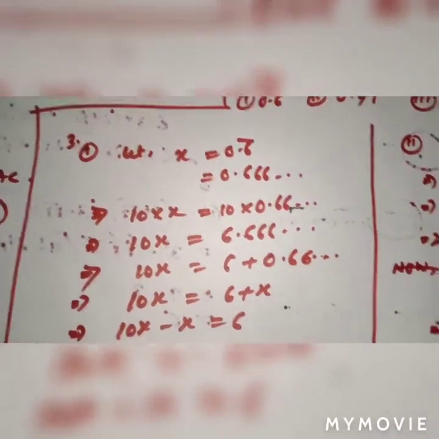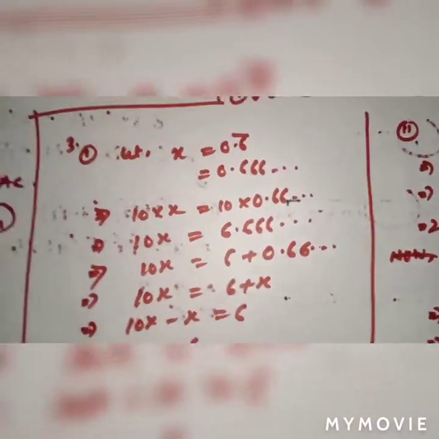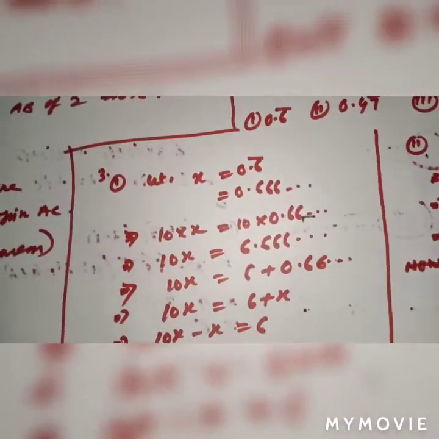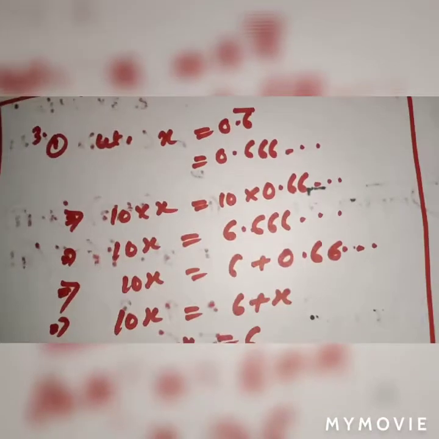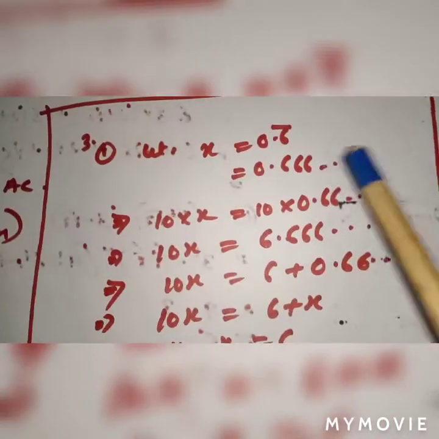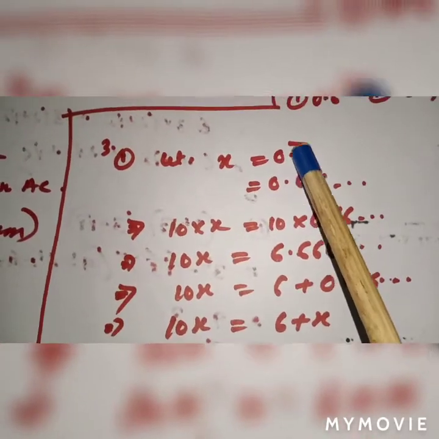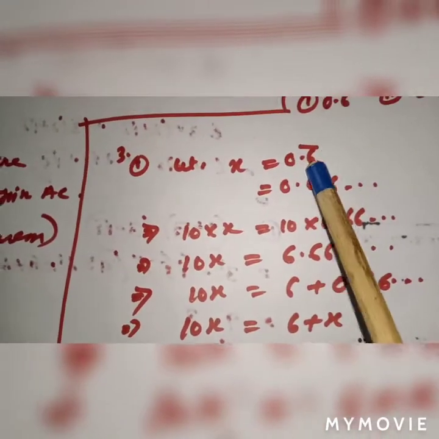So multiply. Look, here our main concept is what? You have to multiply on both sides by what? And why do you need to multiply? See, here whose number is repeating? 6 is repeating. So after the decimal you can see one digit is there.